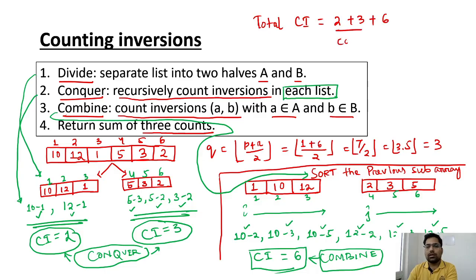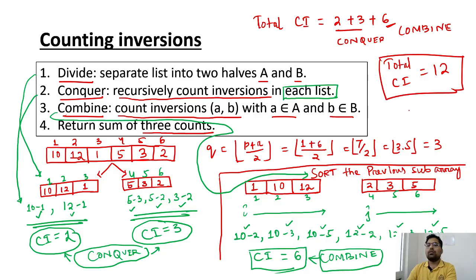These are from conquer, and this is from combine. So the total will be 12. I must write it here: total counting inversions is 12. This many counting inversions are needed. This is what the approach is.